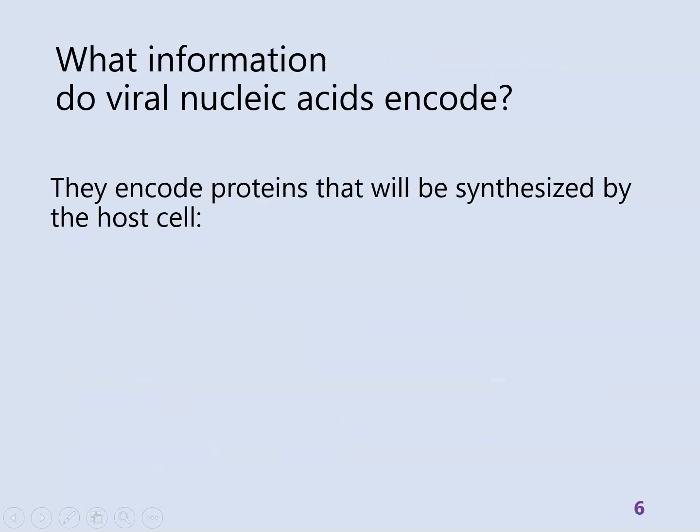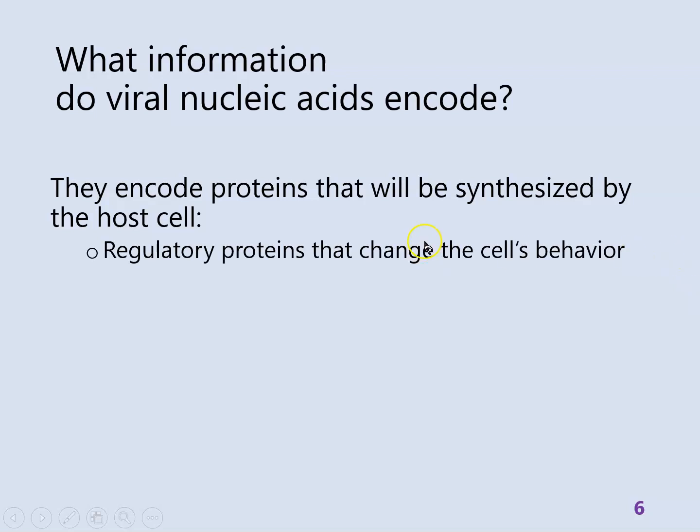So what information is on the nucleic acids from a virus? What is encoded on the RNA or DNA inside a virion? Well, generally, those nucleic acids encode proteins, and the host cell is going to make those proteins. And they could be regulatory proteins that change the way a host cell acts.